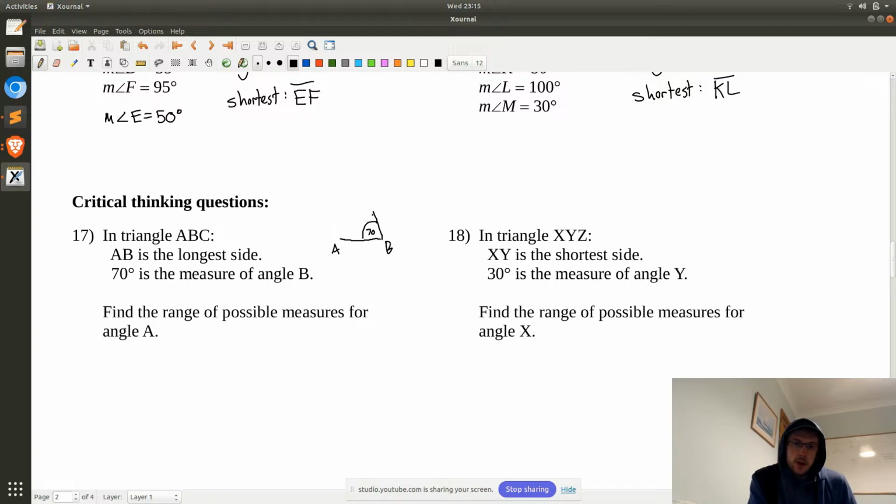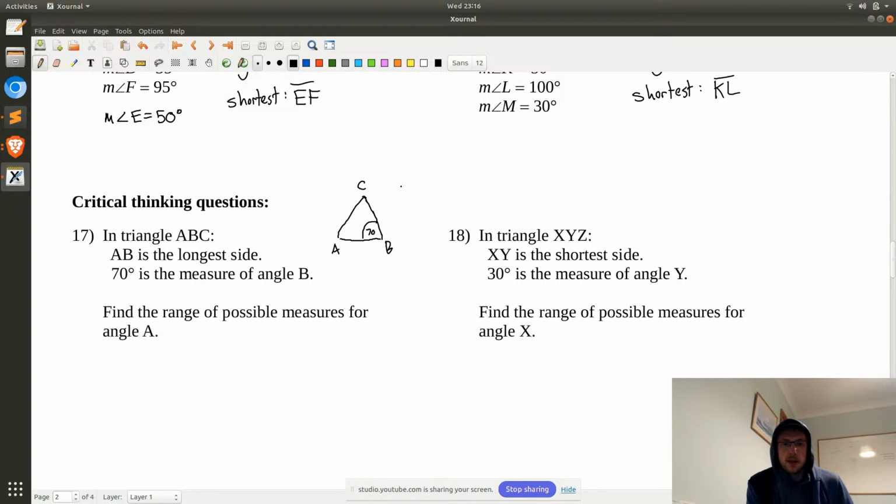Well, if AB is the longest side, then C must be the largest angle, and so C must exceed 70 degrees. So, for example, let's just say that C is 70 degrees, even though it must exceed it. Well, then that means that A is 40 degrees.